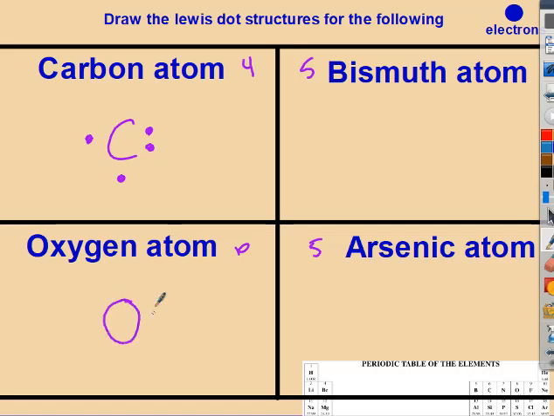Oxygen is O. That's 1, 2, 3, 4, 5, 6. 2 sets that are paired and 2 that are by themselves. Bismuth is Bi, and we should have 5. So 1, 2, 3, 4, 5. Since arsenic also has 5, arsenic should look exactly like bismuth, just with a different symbol.